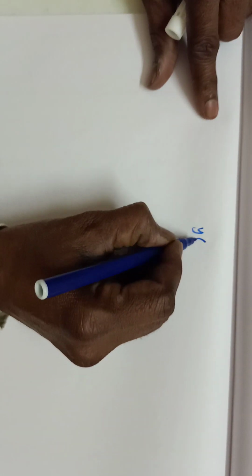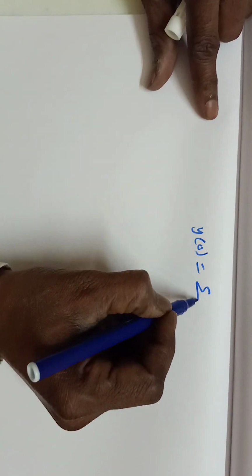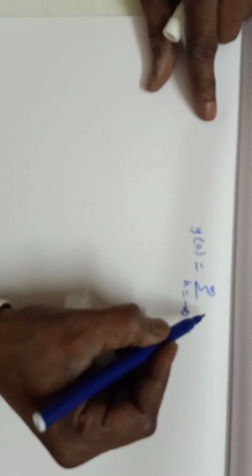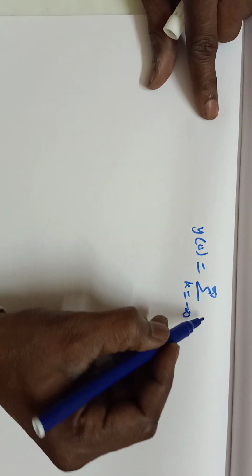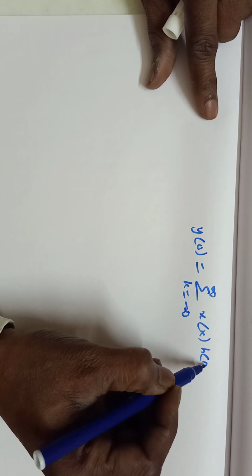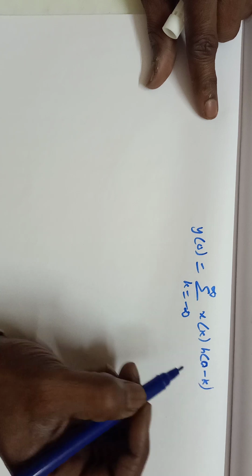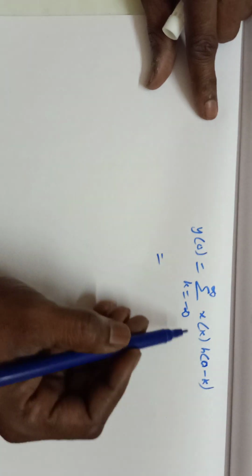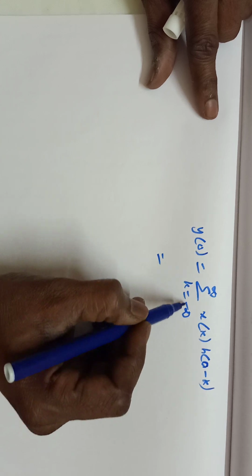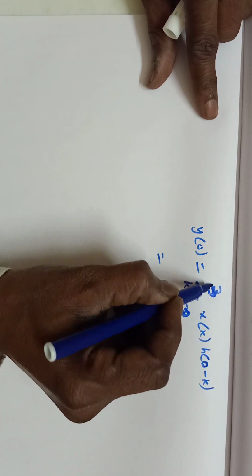When it is y of 0, we just substitute in the formula: y of 0 equals sigma k equal to minus infinite to plus infinite, x of k into h of n minus k, where n is 0, right? So 0 minus k. Just simply substituting n as 0 in this formula. So sigma x of k varies from minus 3 to plus 3.